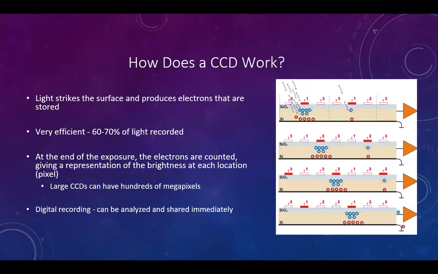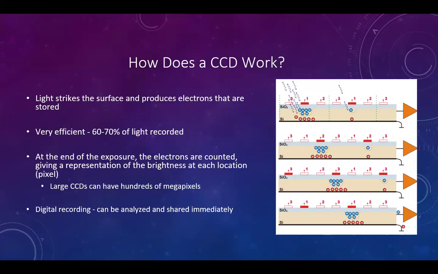And so the light strikes the surface, and it produces electrons that get stored. It basically knocks electrons free. So this chip is specially doped so that you get electrons that can be easily released, knocked free, and they pile up in little storage areas, basically.